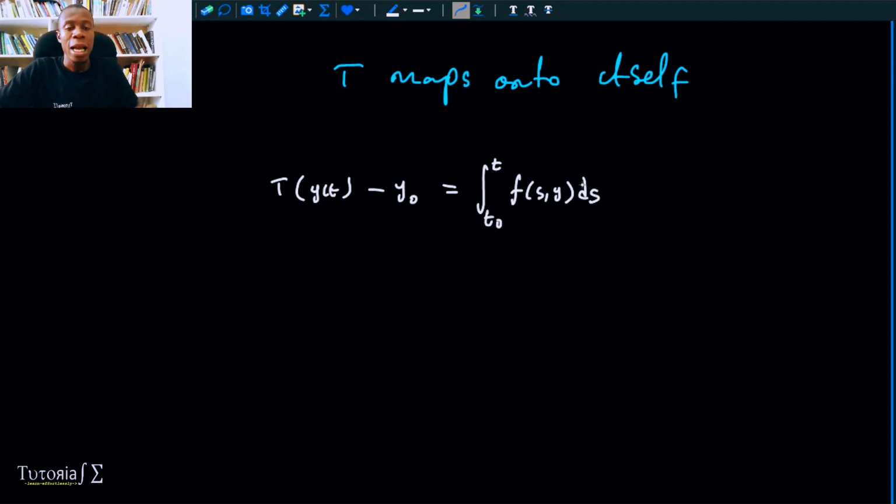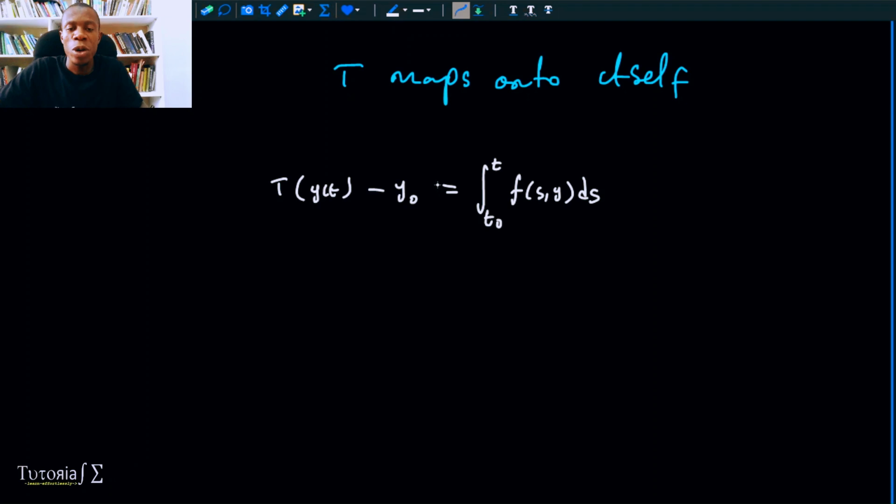We're going to show that the transformation actually maps onto itself, that is, it is less than b. If we show that the distance between the transformation and y₀ is less than b, then we can conclude that the transformation maps onto itself.